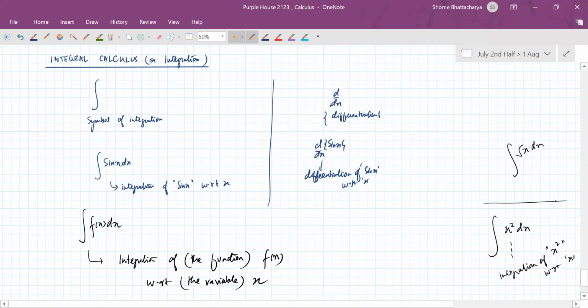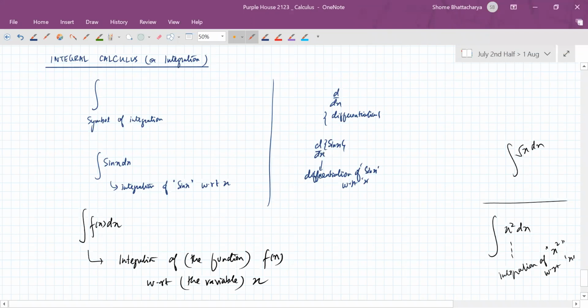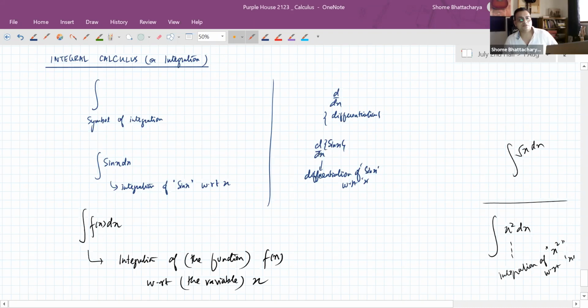So what is the use of writing dx? So that we know what is the variable of integration, with respect to which variable we are integrating. Like in differentiation also, why do we write the dx in the denominator? We could have just written d in the denominator. It is to understand that the variable of differentiation is x.